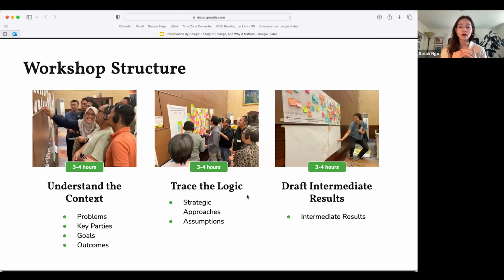So what strategies or interventions are we including in our theory of change, and what assumptions are nested between that strategic approach and the ultimate outcomes that we're driving towards. And then finally, using that logic as the basis, drafting intermediate results that help us validate that the logic of the theory of change is sound and that it's playing out as we expect.